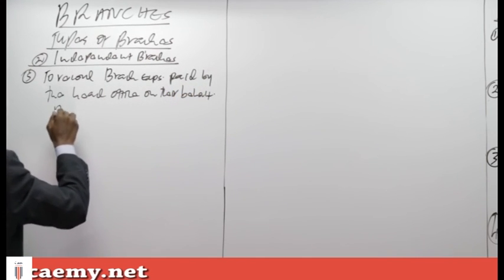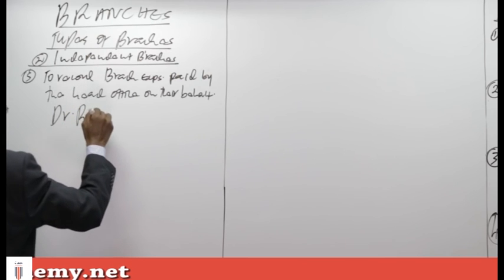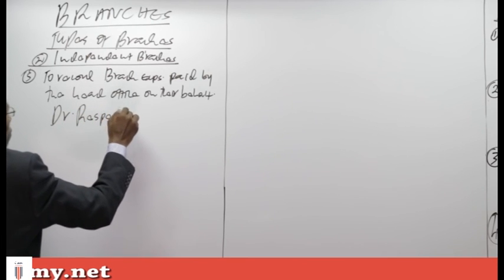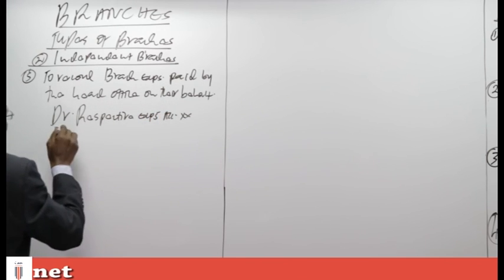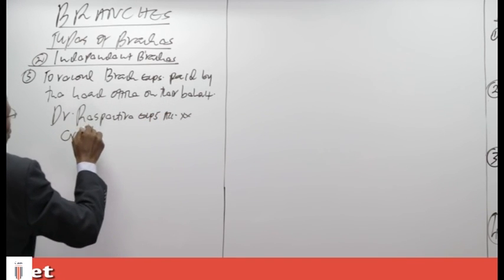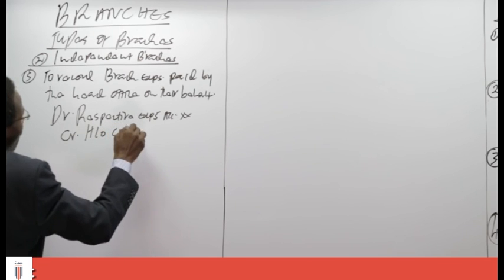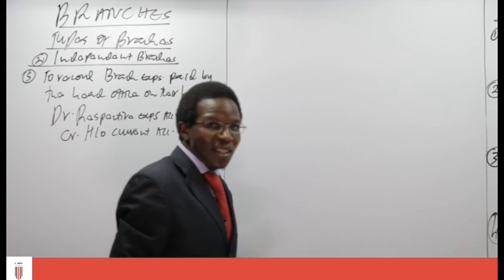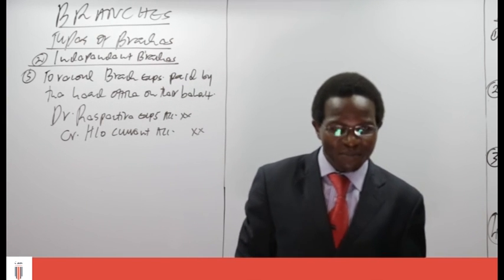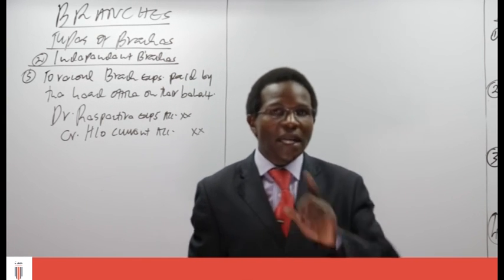So we need to debit the respective expense account and we credit the head office current account. Don't forget, the entry is almost similar. It has almost the same.